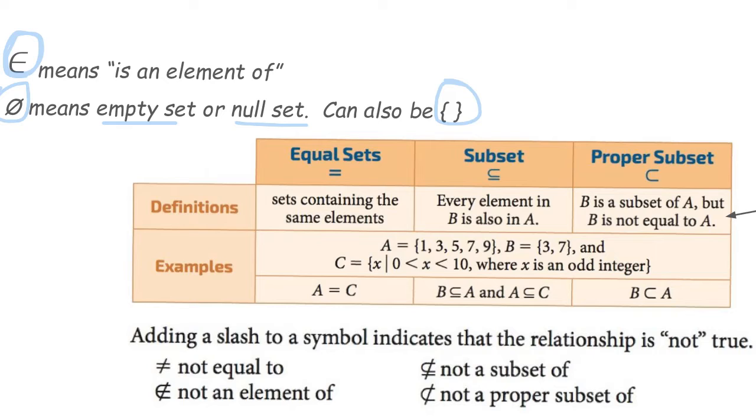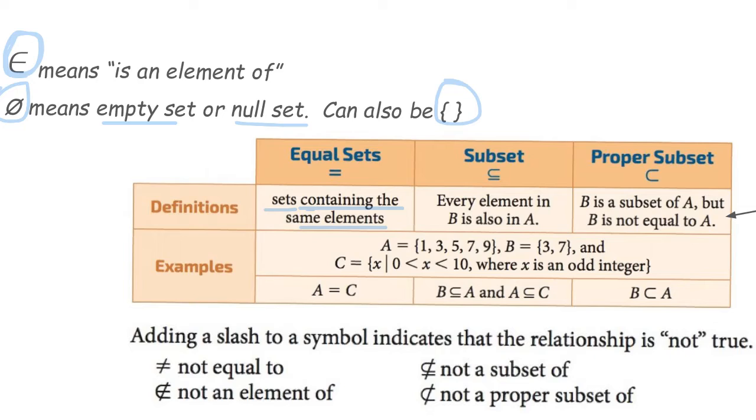Now, if we come down here and we look at equal sets, subsets, and proper subsets, a lot of confusion comes between subsets and proper subsets. So I want to talk through these for a second, and then we'll look at example number 2. Equal sets are sets containing the exact same elements.